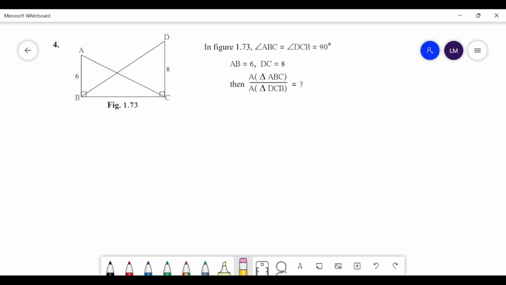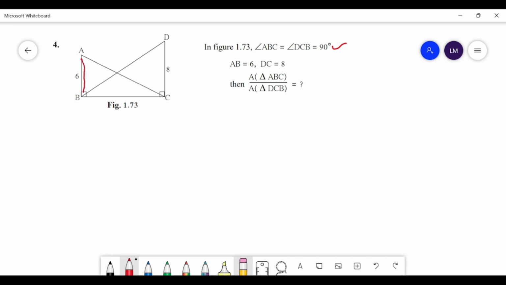Question number 4. In the figure, angle ABC is equal to angle DCB is equal to 90 degree. The value for AB is 6, value for DC is 8. We need to find area of triangle ABC upon area of triangle DCB. So we'll check out which are the triangles.